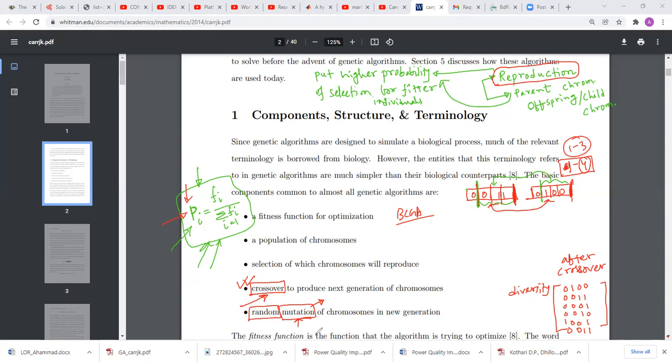So there are two steps in mutation. Choose the position or choose the chromosome where mutation has to be done. Choose the location of the mutation and then perform the mutation. This mutation operation is done at a very low probability rate, let's say at the rate of 0.001. This is the probability for mutation.